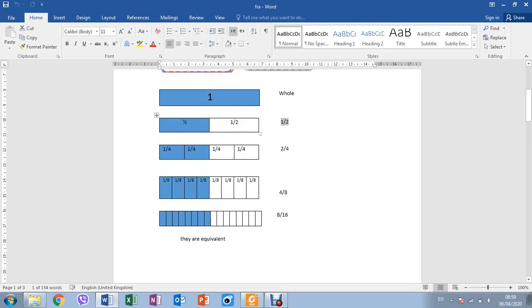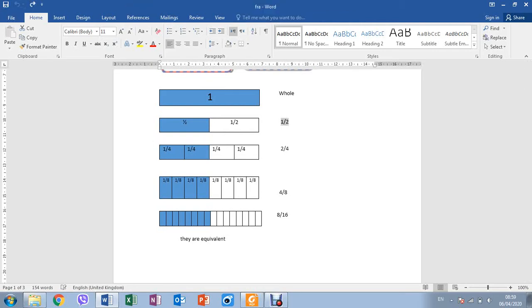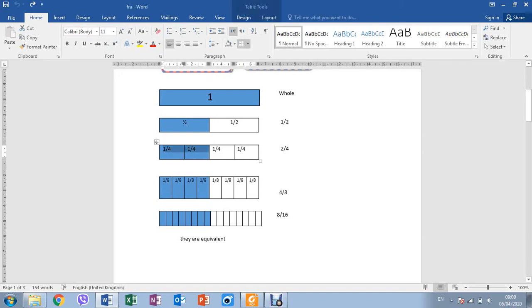If we line it up, we have 2/4 equal to 1/2, because two cells are colored. Means 1/2 equals 2/4, and 2/4 equals 4/8. If we line it up, they are equal. So it equals 8/16.